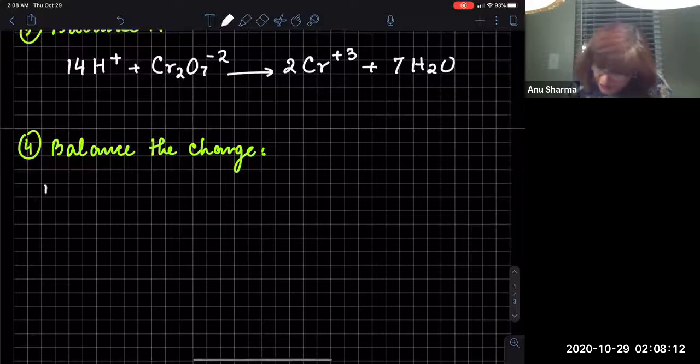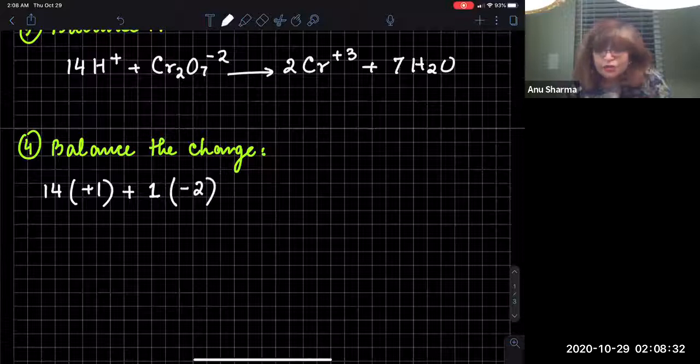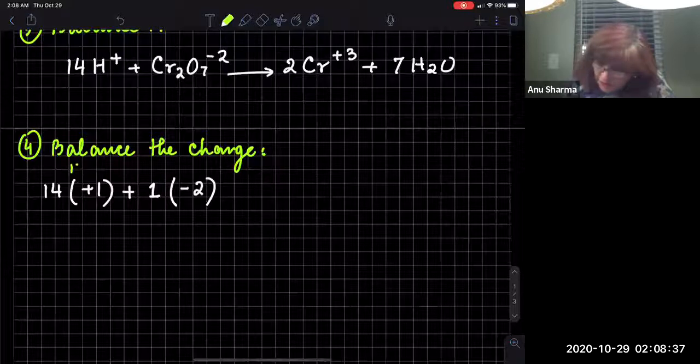So in total we see 14 of plus 1 charge, plus dichromate, which is one big species by itself, and there's only one dichromate, and that has 2 negative charges. This is coming from the hydrogen ions, and this is coming from the dichromate, Cr2O7 -2. Okay, and then 14. So that's what it is.